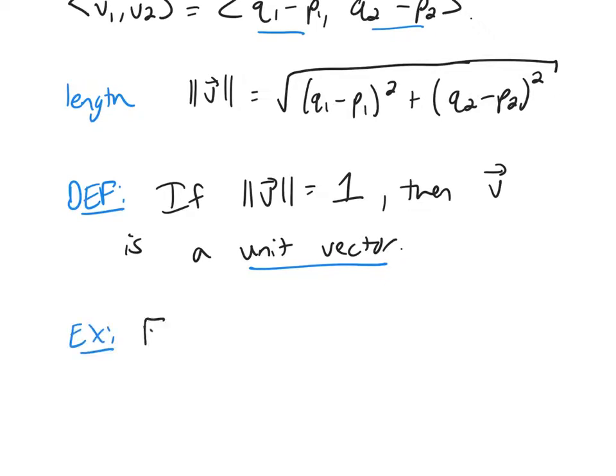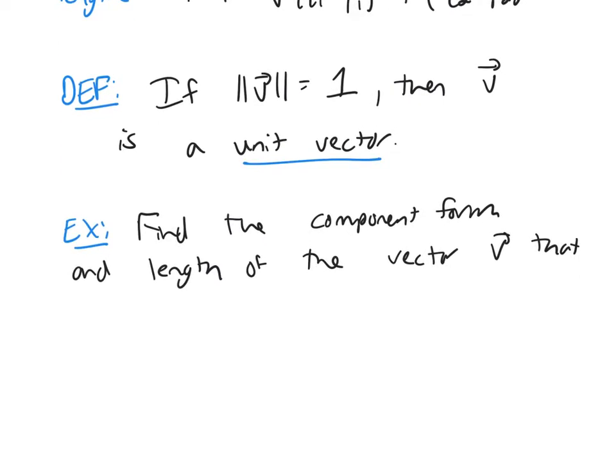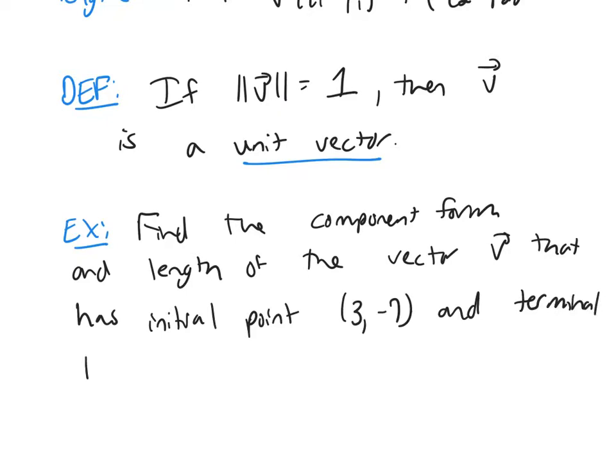Let's find the component form and length of the vector v that has initial point (3, -7) and terminal point (-2, 5).